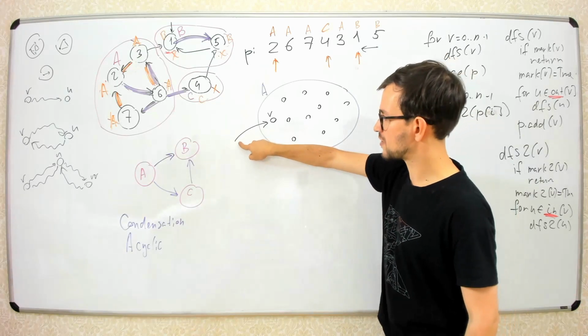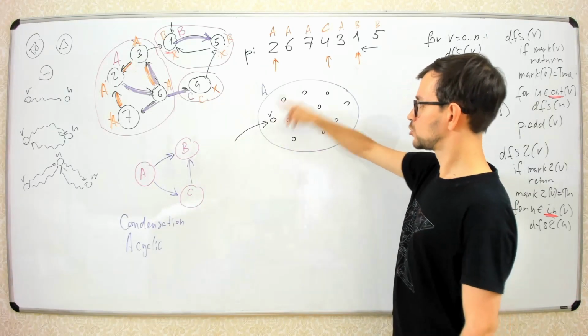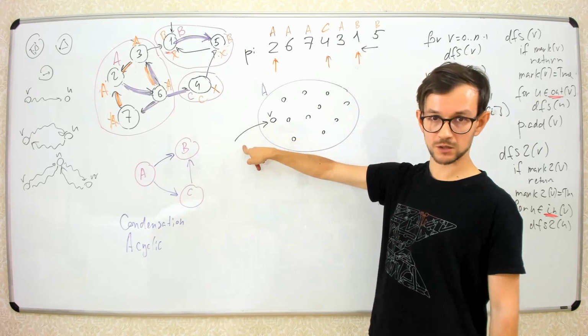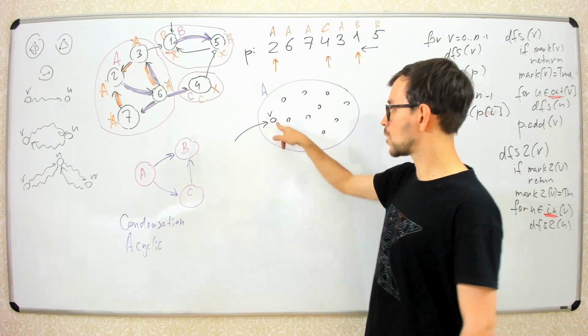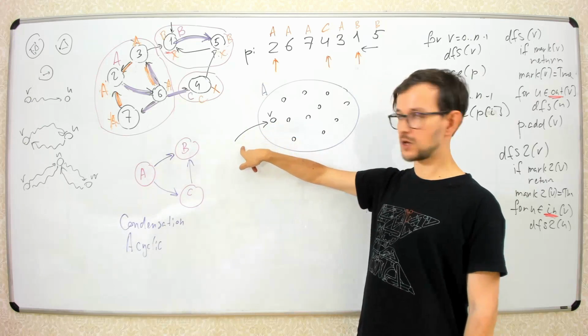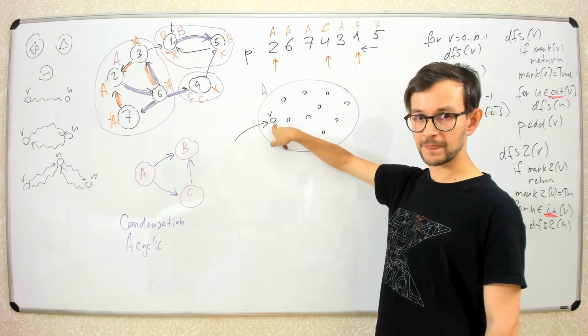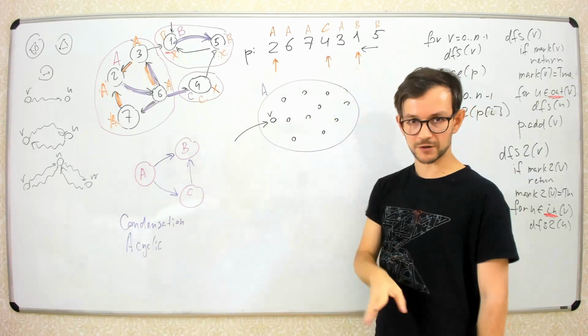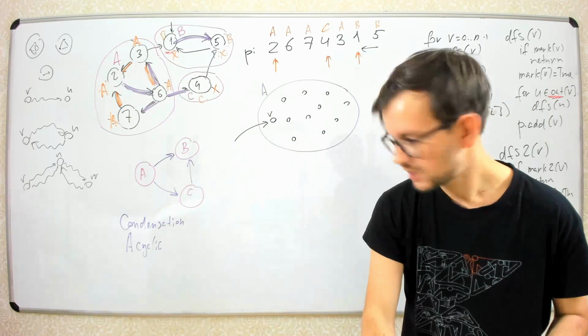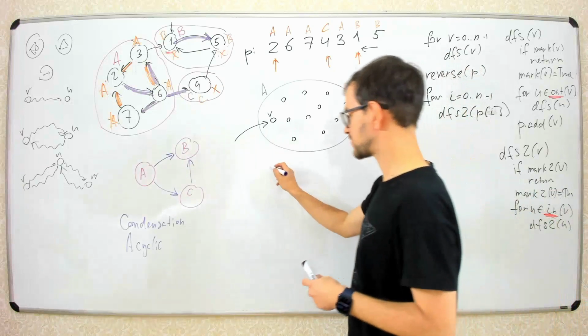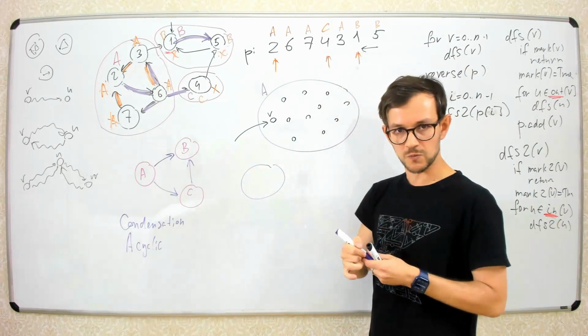Now let's see what happens before you exit. Your DFS enters this node, does something, and then goes back. I claim that when you exit the DFS of this node, all these nodes will be marked. The observation is very simple. You have some strongly connected component that is not marked.